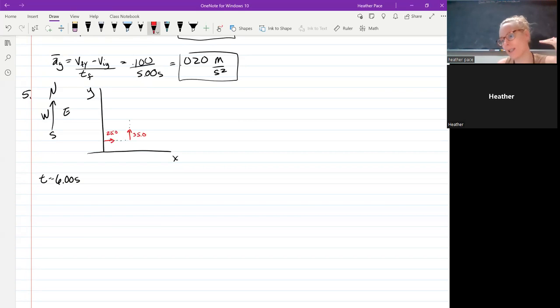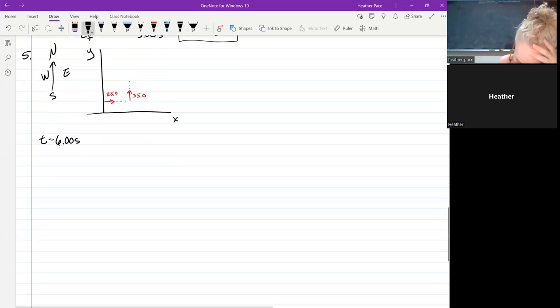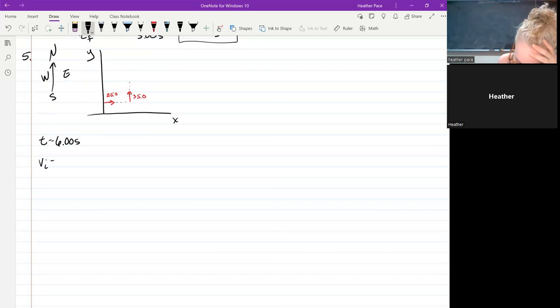Our initial velocity is completely in the x direction. So we have vi equals 25.0, and that is in the x direction. We have v final in the y direction.